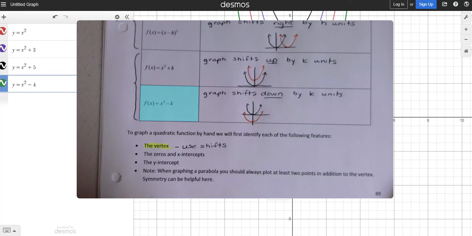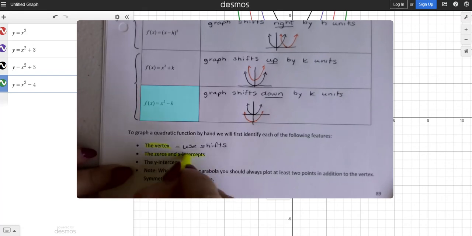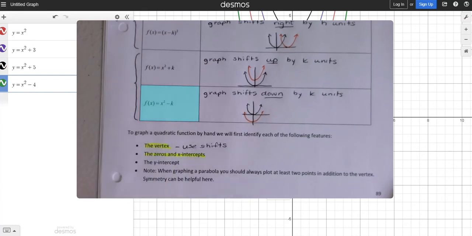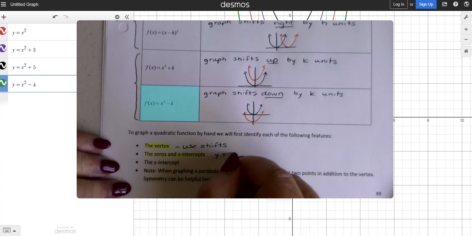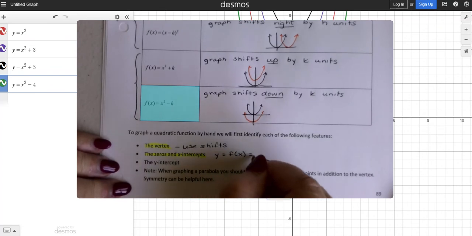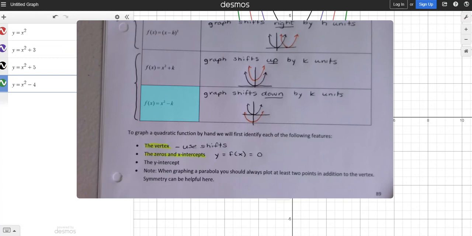We'll need to find the zeros and x-intercepts. Remember, the x-intercepts are where y equals 0 or where the function equals 0. So we'll end up solving the equation y equals f of x equals 0.